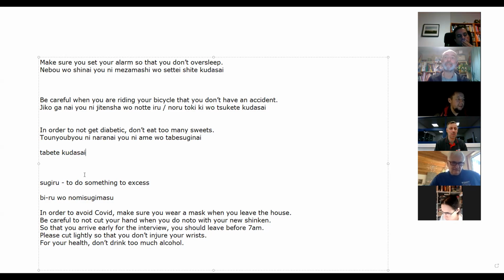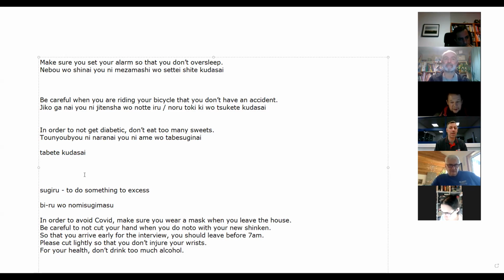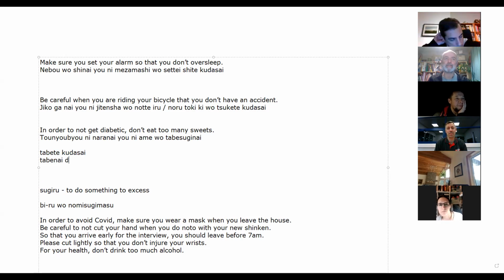Then how do you say please don't eat? Tabenai, but we have to make the te form again by saying tabenai de kudasai. So this is basically the te form but softened into de. So tabesuginai de kudasai. Yes, good.